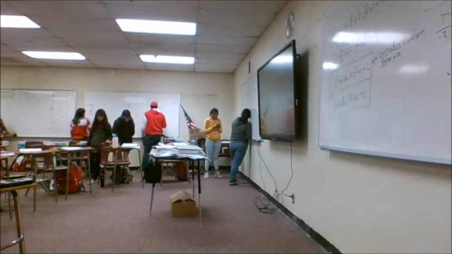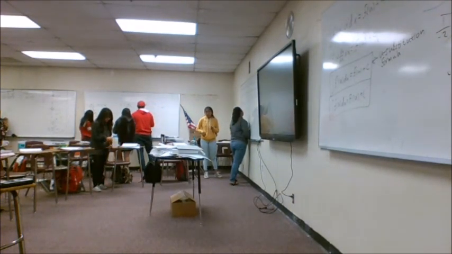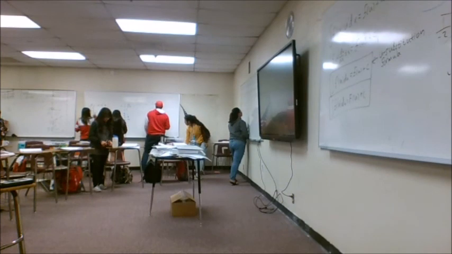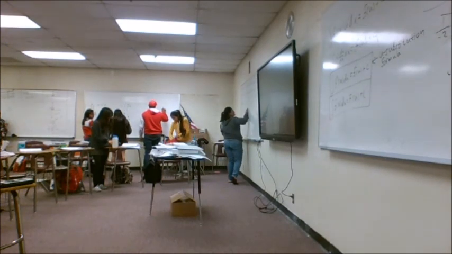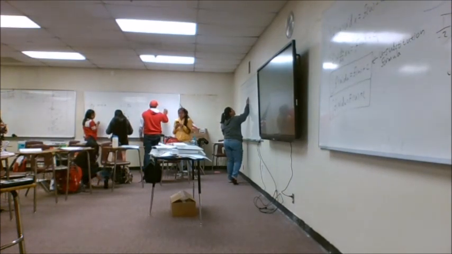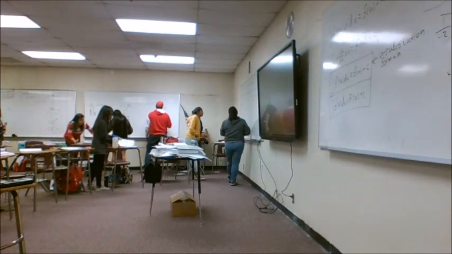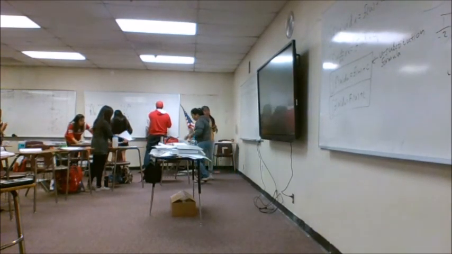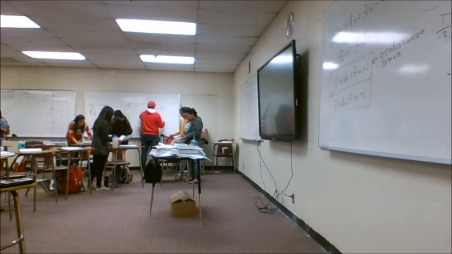So if you divide by 1/3, what does that multiply by? 3. Okay, so 6x. So this is really 20.